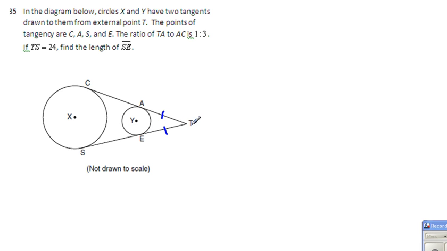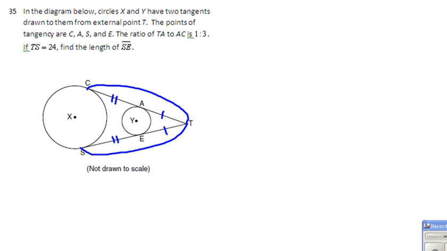Likewise, TC must also be equal to TS. Whole thing is equal to this whole thing, which makes us say that these two leftover segments, meaning AC and ES, will also be equal to each other by subtraction.